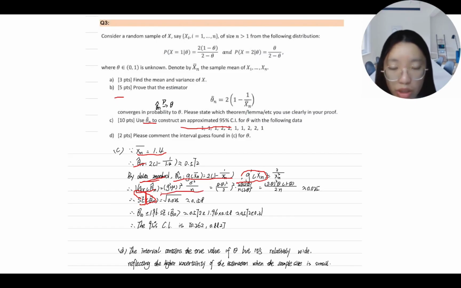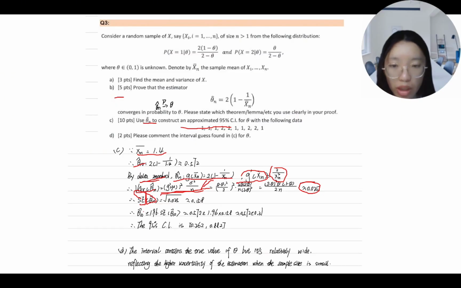So we can just substitute all the values into these expressions, and then we calculate that the answer is equal to 0.025.